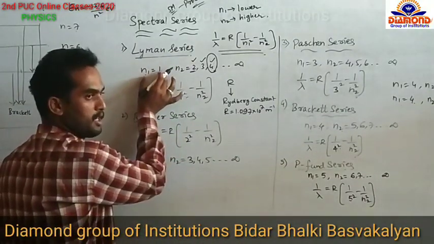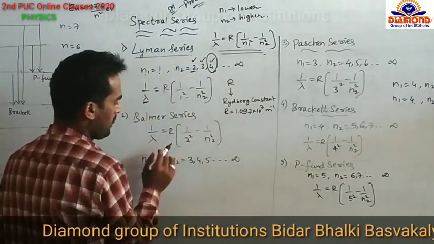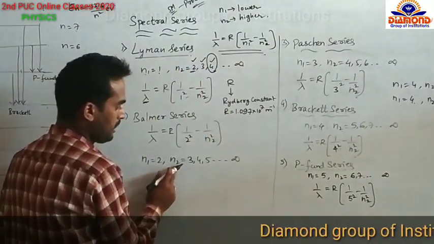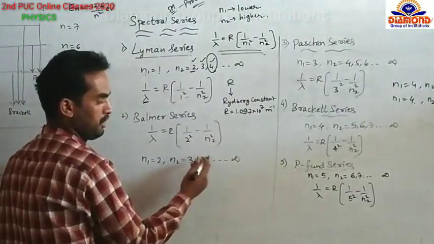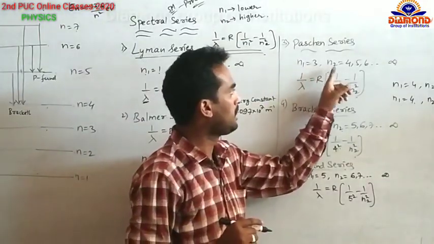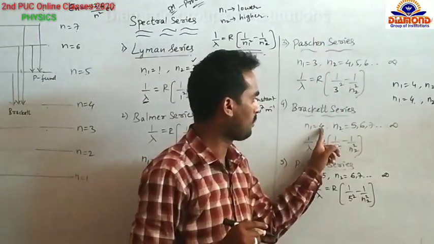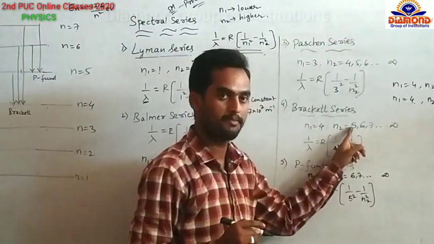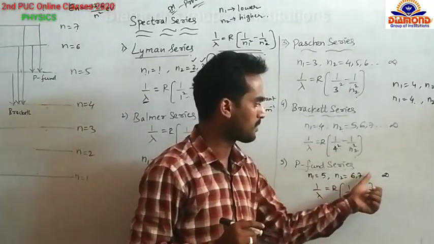If n1 is 1, the n2 value must be greater than this value. If n1 equal to 2, then n2 starts from the next number, that is 3, 4, 5 like that. If n1 equal to 3, n2 starts from 4, 5. n1 equal to 4, n2 starts from 5 onwards. n1 equal to 5, n2 starts from 6 on.